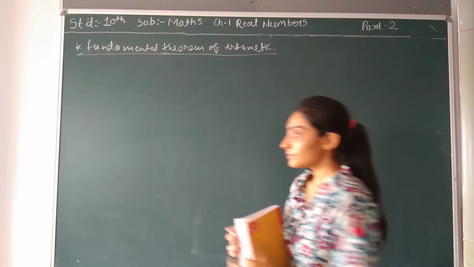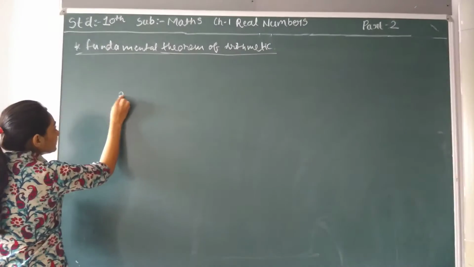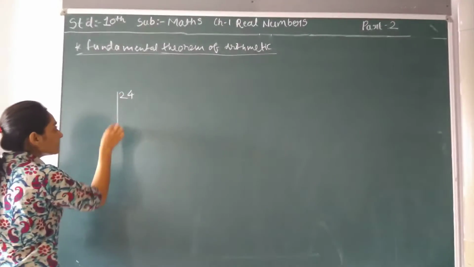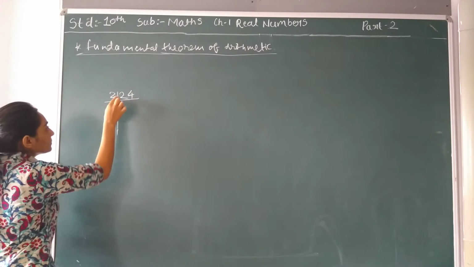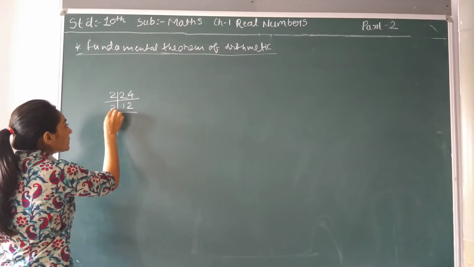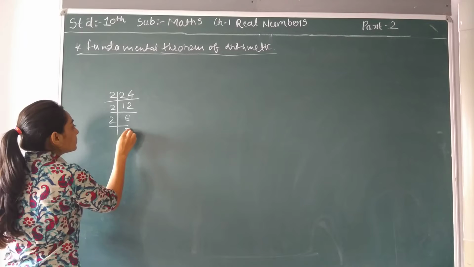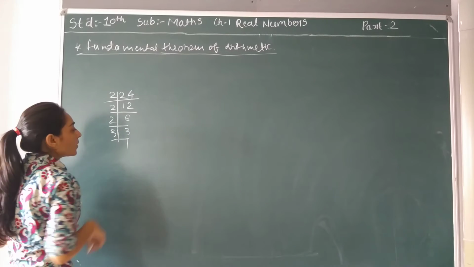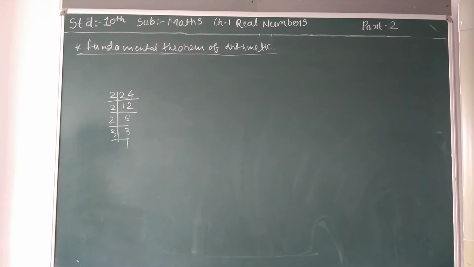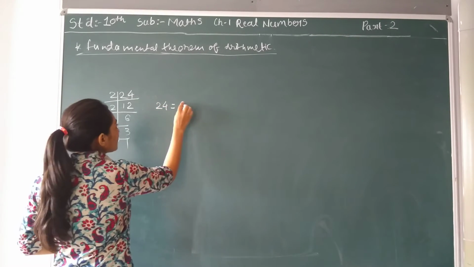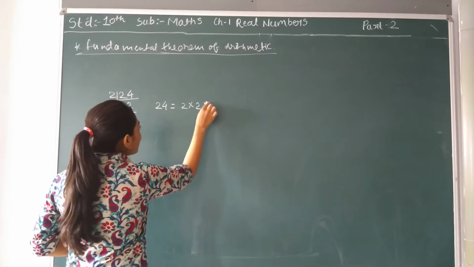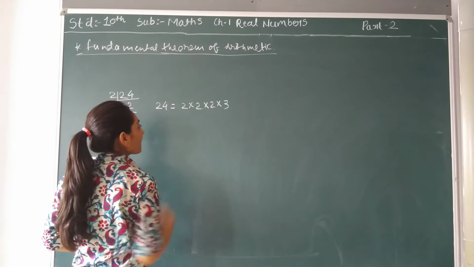Now observe how we do the factorization. 2 twelves are 24, 2 sixes are 12, 2 threes are 6, 3 ones are 3. This is how we can do it. So what are the factors of 24? 2 into 2 into 2 into 3.